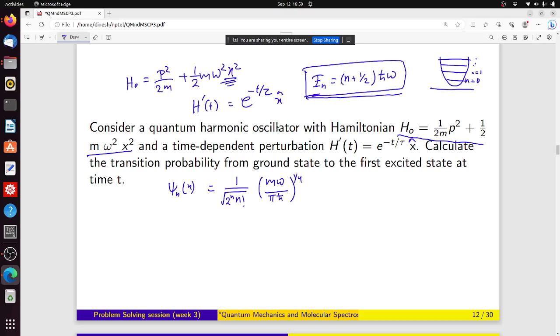We did one problem related to the simple harmonic oscillator last time, so I'm just repeating the same wave function: e to the power minus m omega x square over 2 h cross, Hn as a function of root over m omega by h cross x. I guess you have already studied this. This is known as the Hermite polynomial.